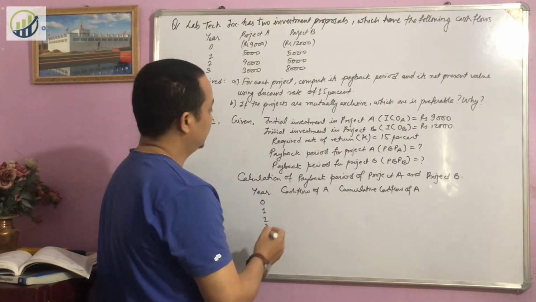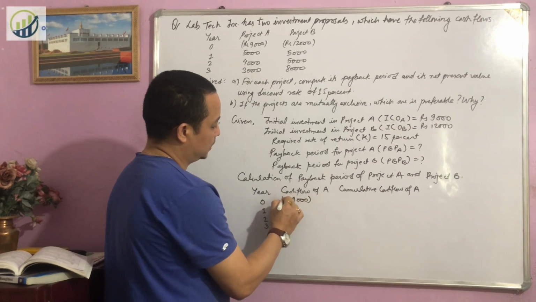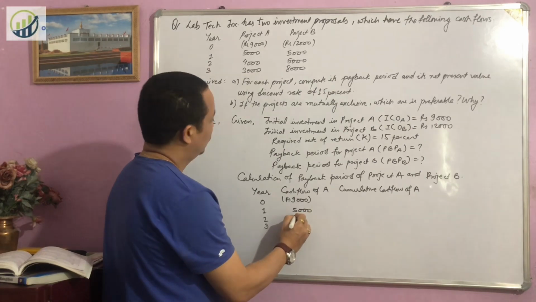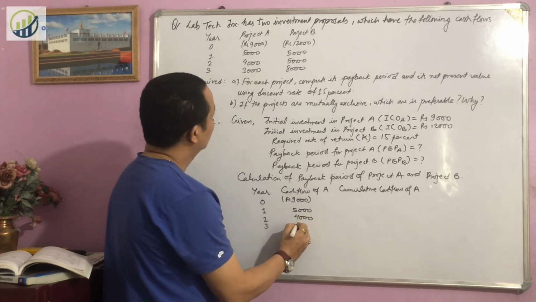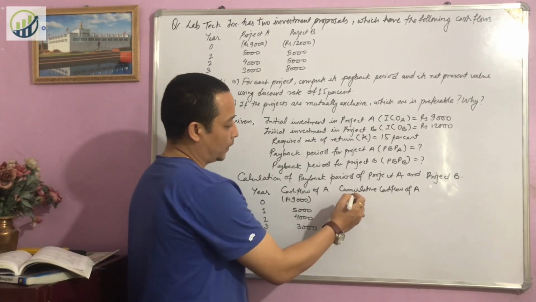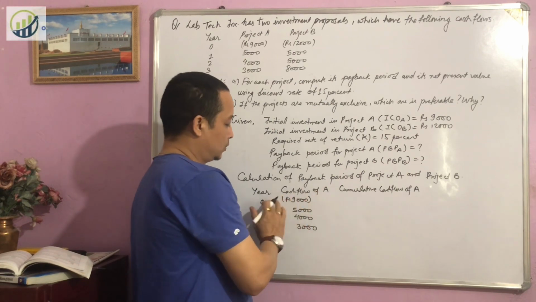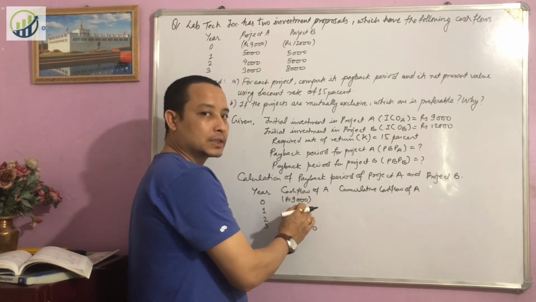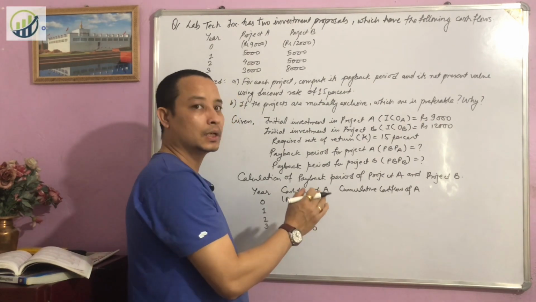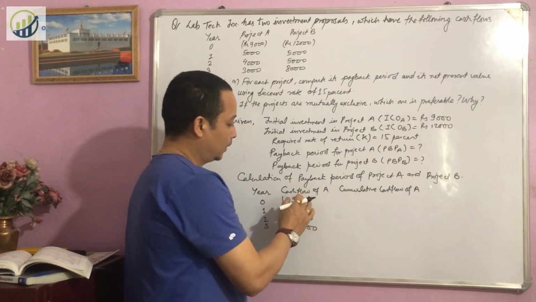Cash flow of A: initial investment 9,000 rupees, and then 5,000, 4,000, 3,000. For cumulative, you add the initial cash flow with the next year's cash flow. If it is negative and positive, then you have to deduct from the initial cash flow.